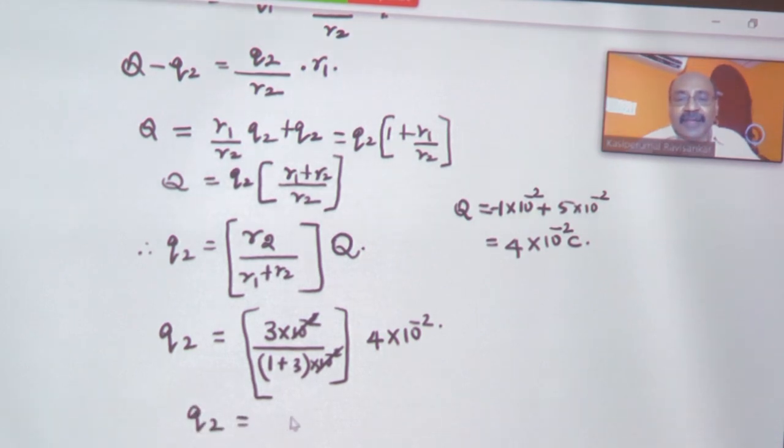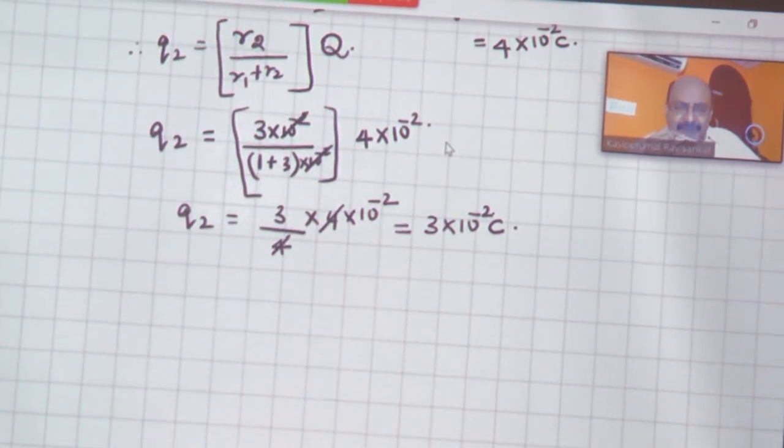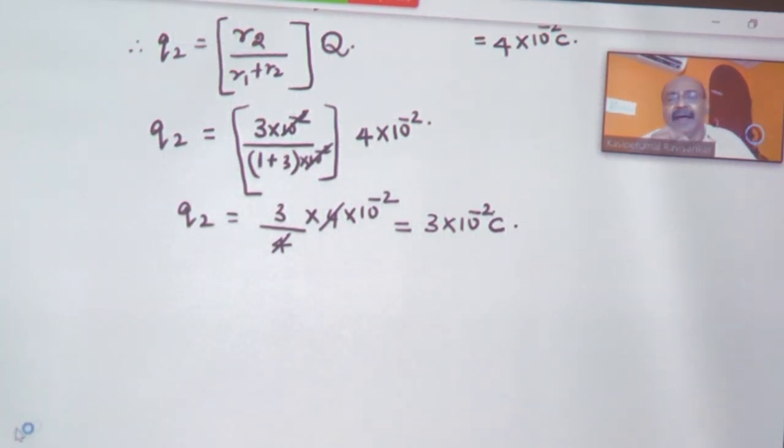Q2 will be equal to 3 divided by 4, multiplied with 4 into 10 to the power of minus 2. This 4 and this 4 will get cancelled, and you get the answer as 3 into 10 power minus 2 coulomb, which is the new charge available in the system when the two spheres are joined with the help of a thin wire. So the answer is Q2 equal to 3 into 10 power minus 2 coulomb.